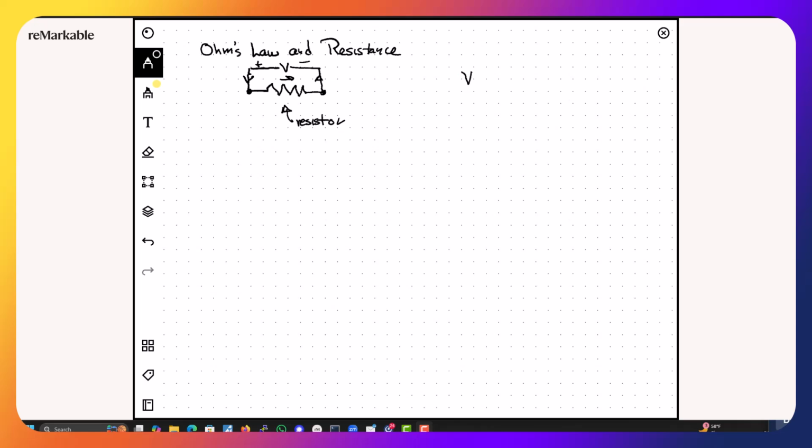So V, or delta V, is like a pressure that drives a current, and the resistor resists current flowing through it. Now there's a relationship, an empirical relationship called Ohm's law.